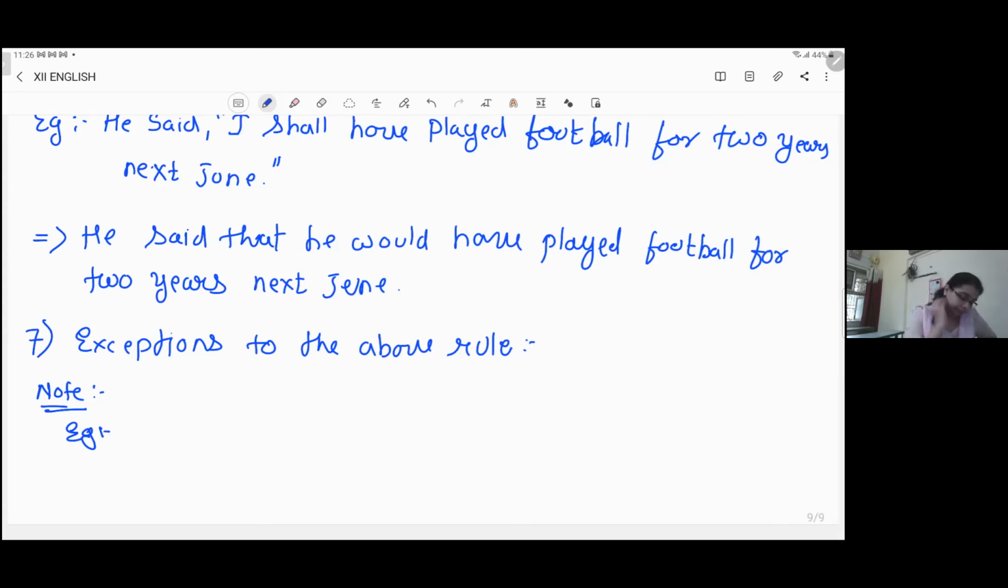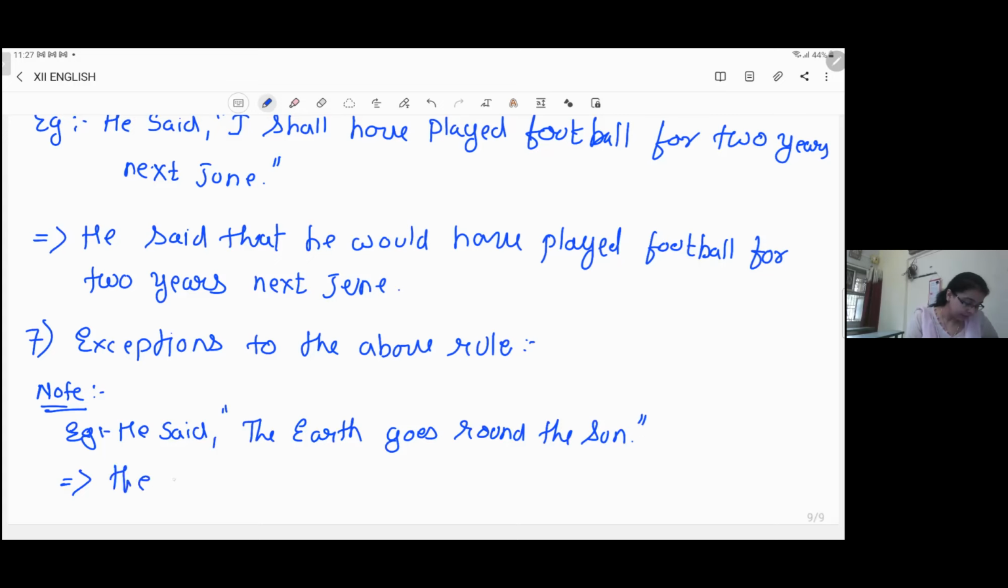Write the sentence. Example. He said, the earth goes round the sun. Yes. What will come?